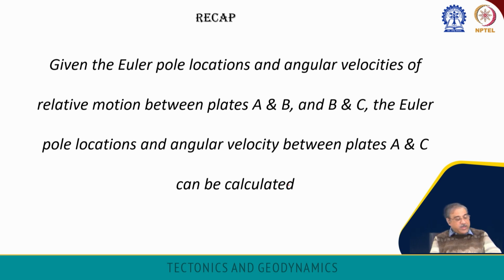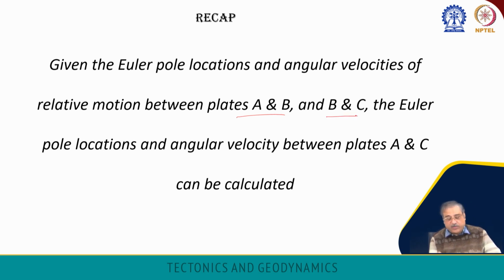What we discussed before was that, given the Euler poles of location and angular velocities of relative motion between a set of three plates, you have plates A and B, for which the location of the Euler pole as well as the angular velocity for the motion between plates A and B is given.